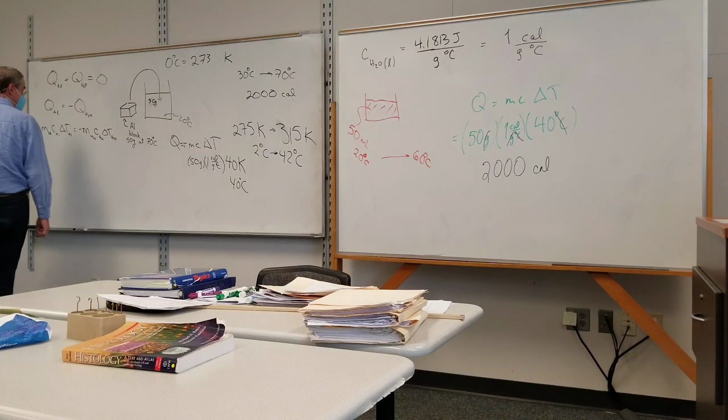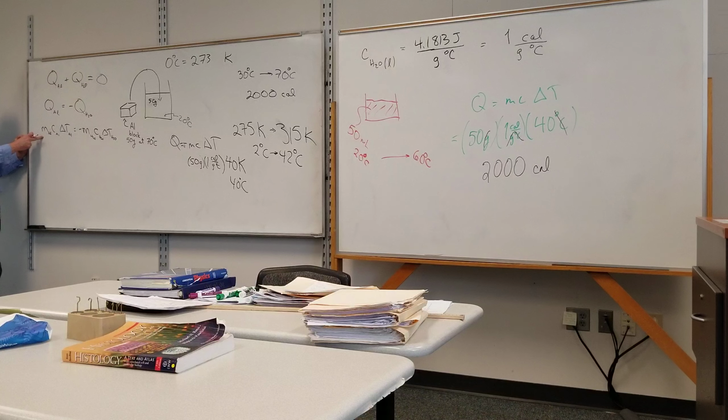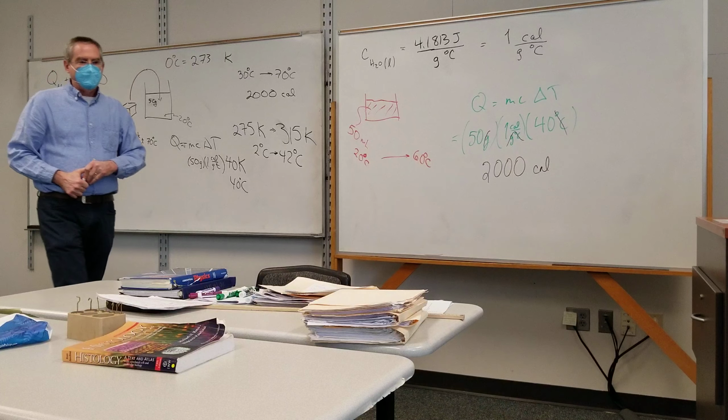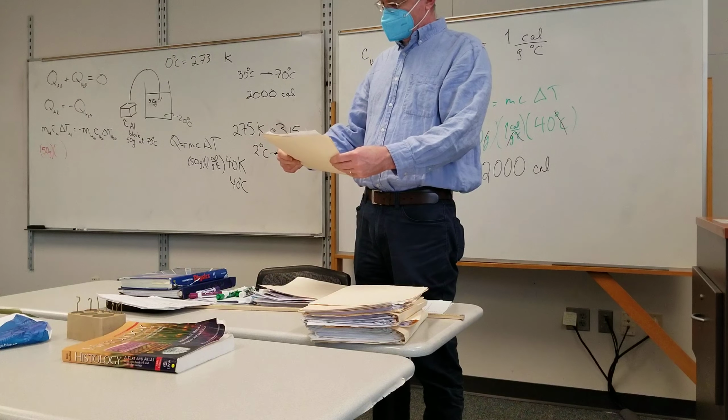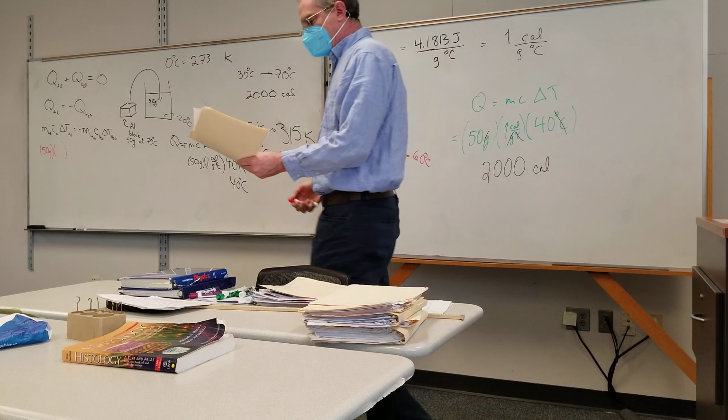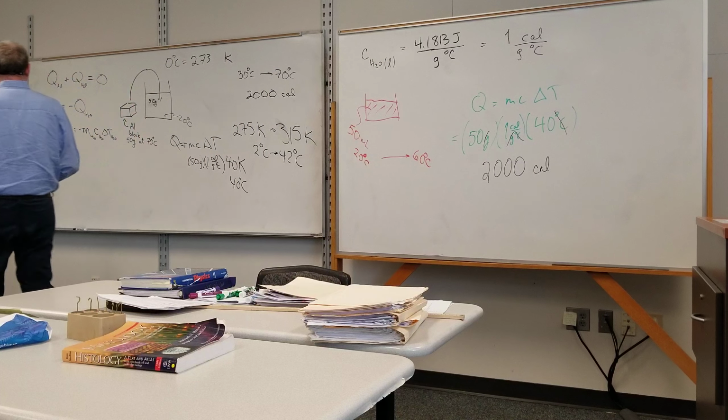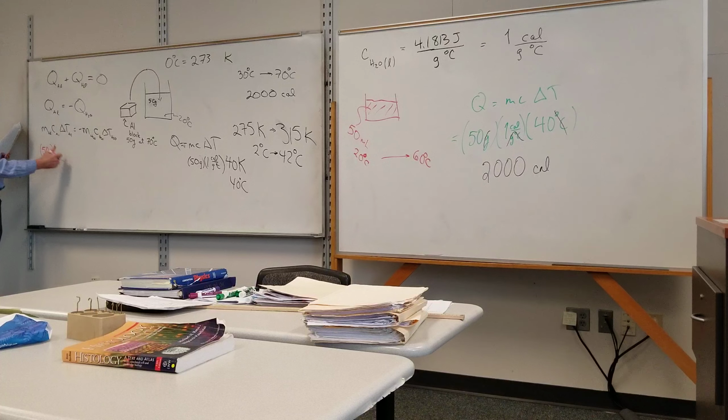Now we plug and chug what we can. I got mass here, mass of the aluminum. I gave that to you, that's 50 grams. Specific heat of aluminum. And I chose aluminum because I'm pretty sure I wrote it down. There we go. 0.215 calories per gram degree Celsius, times the change in temperature.